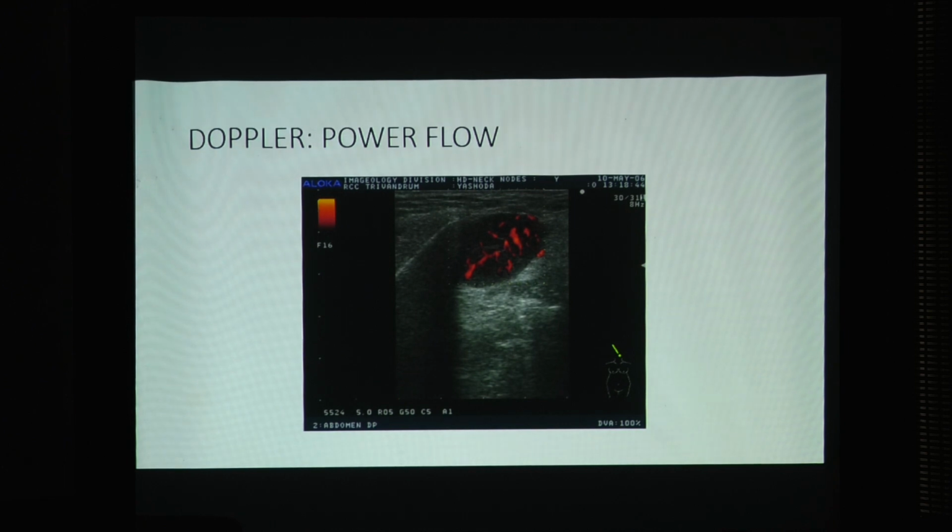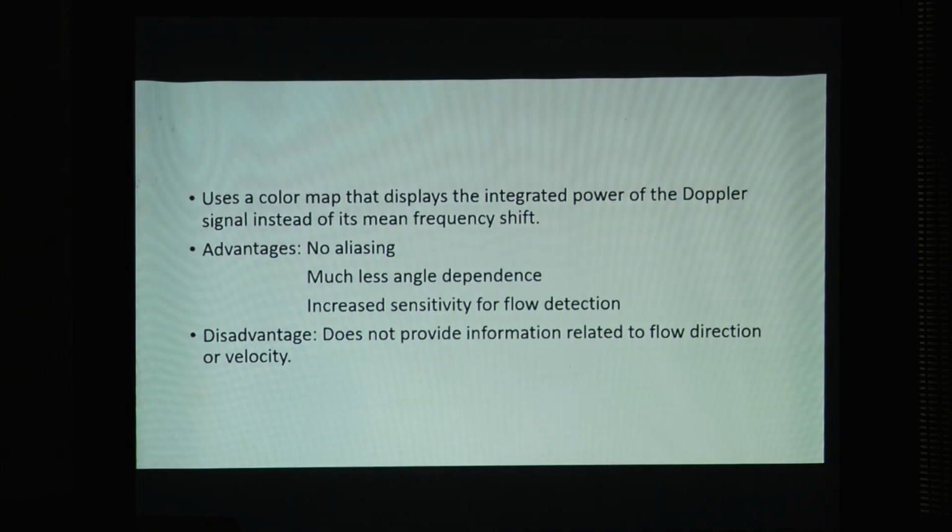Here this is power flow in a lymph node. The power flow has certain advantages. There will be no aliasing, much less angle dependence, and increased sensitivity for flow detection. The disadvantage is that it does not provide information related to the flow direction or velocity.